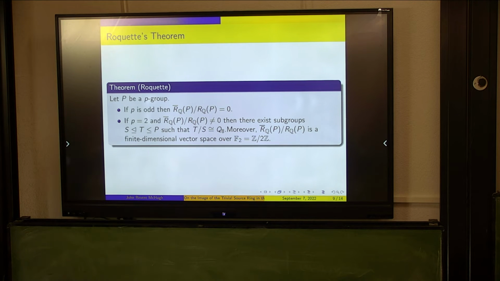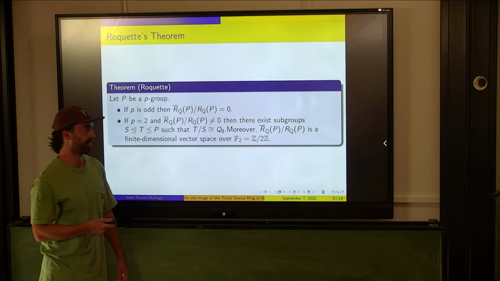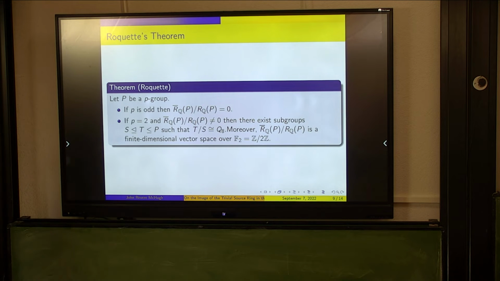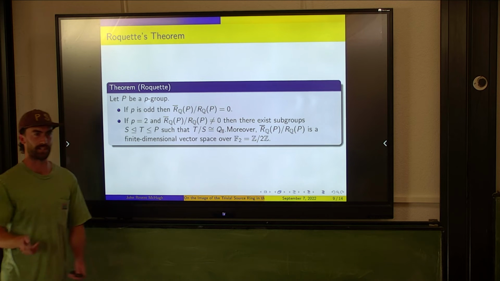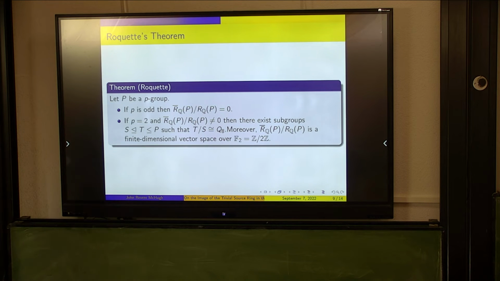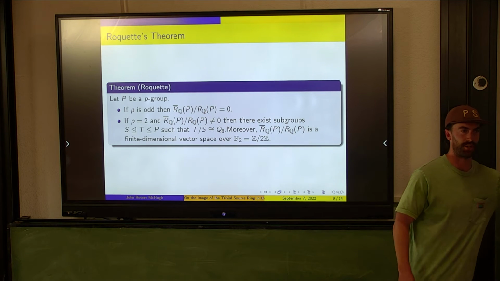It's the exact same phenomena we were observing in our general tables, but Roquette only tells you what's going on for P groups. And of course, his perspective was not thinking about the trivial source ring. He's just looking at R bar Q mod R cubed. So now there's kind of a perspective change. At first I was interested in fixing a group G and a prime P and computing this thing.